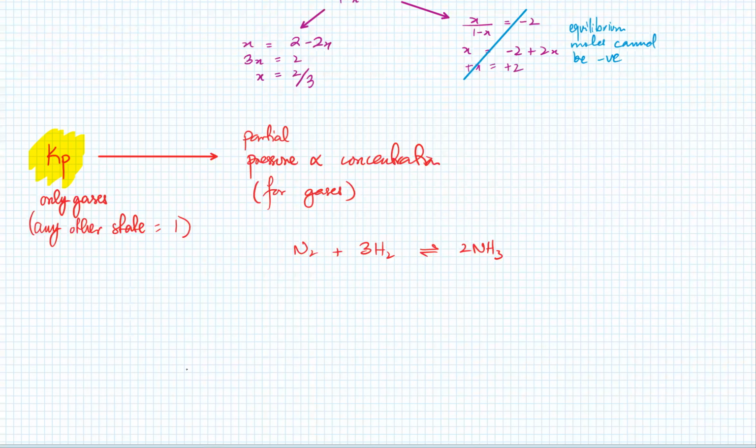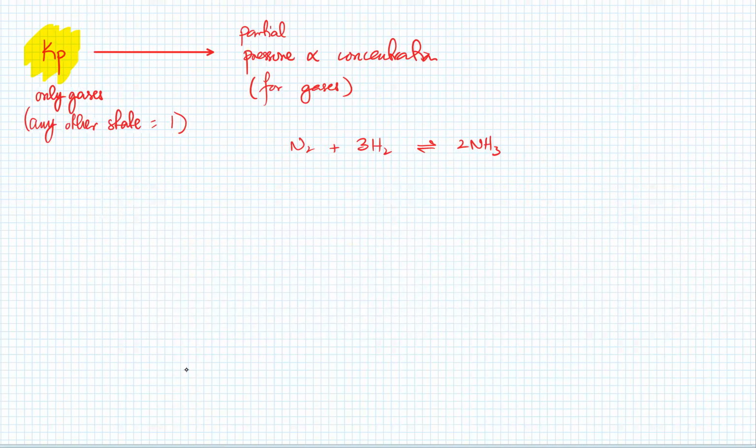So the difference here will be that previously Kc was what? Kc was concentration. It was the concentration of NH3 squared, divided by the concentration of N2 times the concentration of H2 cubed, right?